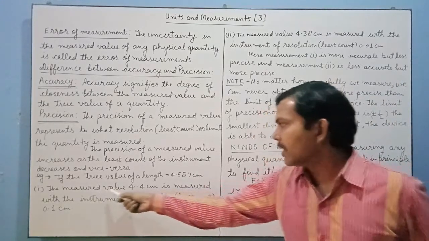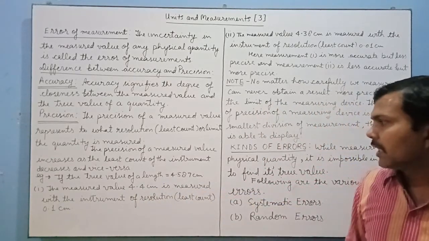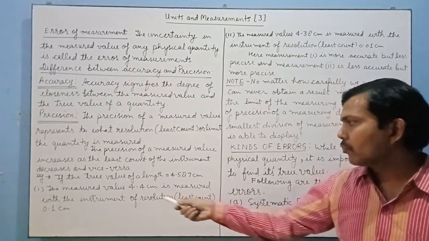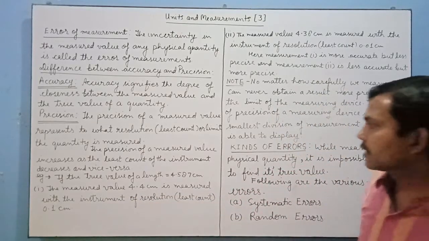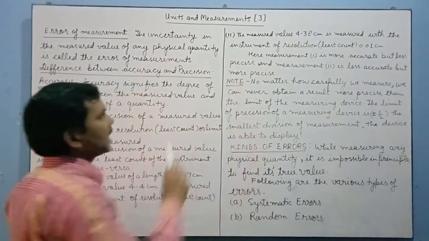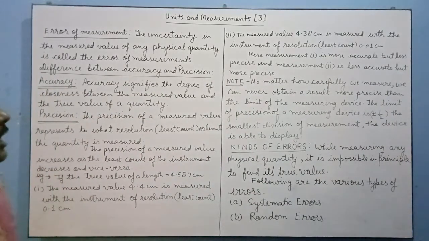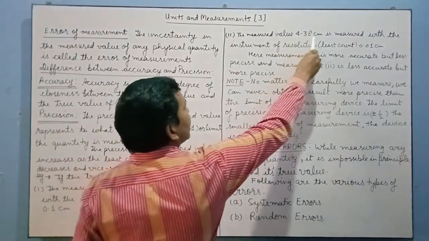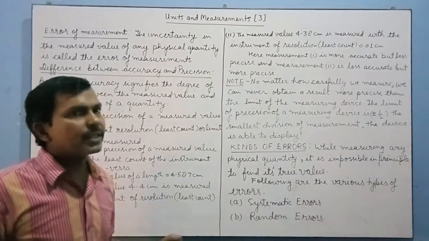First, the measured value is obtained to be 4.4 centimeter, and this is measured with an instrument of resolution, means least count, 0.1 centimeter, and next the same length is measured by another instrument having least count 0.01 centimeter, and it comes out to be 4.38 centimeter. Here the first measurement is more accurate but less precise, while the second measurement is less accurate but more precise.